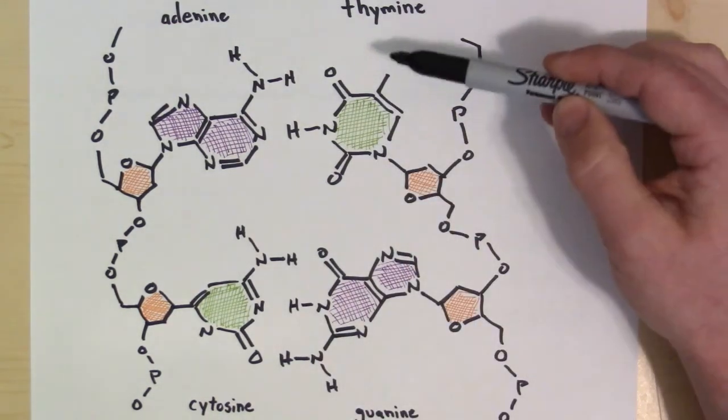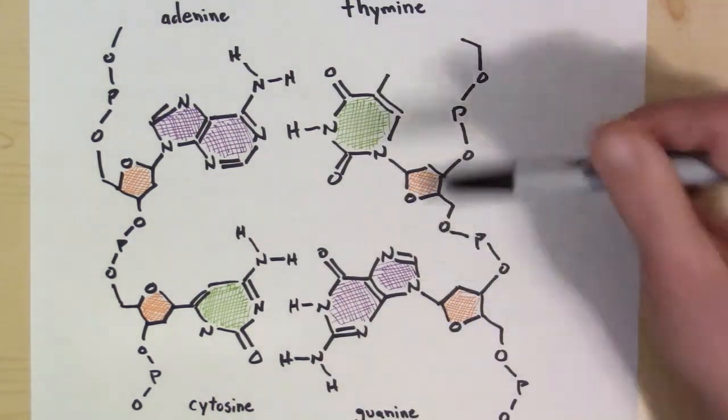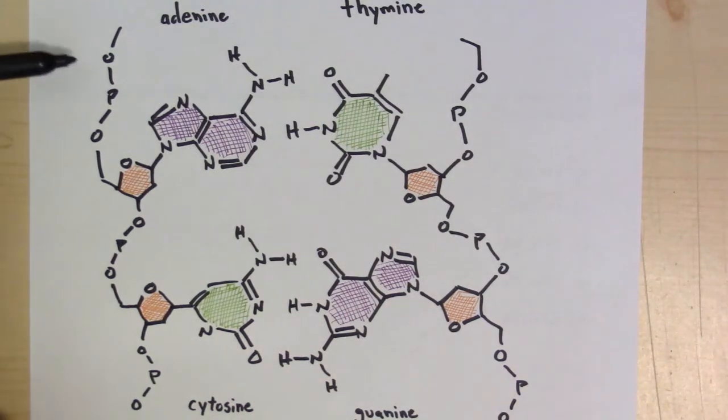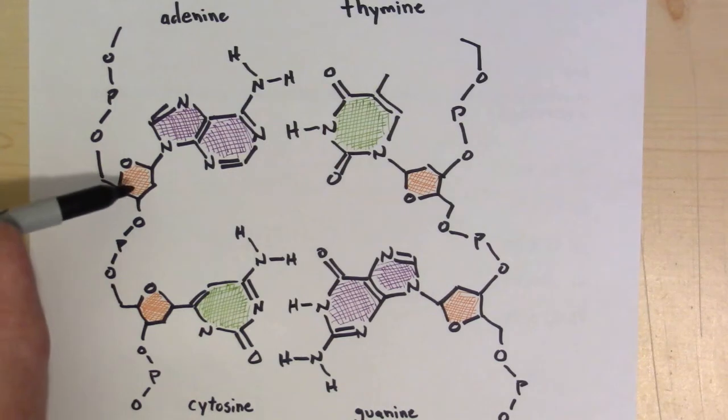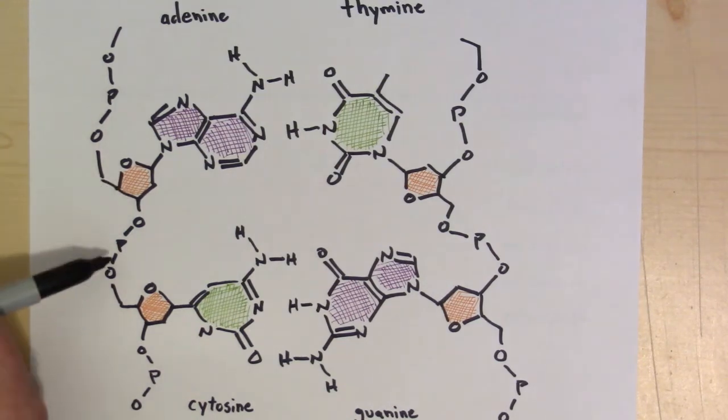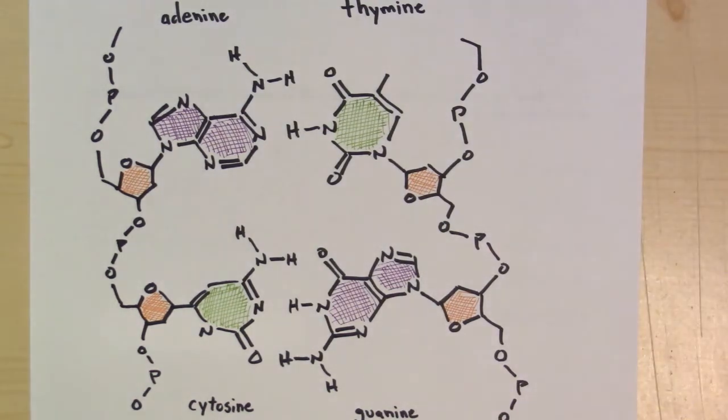So on the right we have the thymine and guanine, and then on the left here we again have the phosphate ribose backbone. So the ribose sugars are shown here in orange and the phosphates are shown here. I've left some of the atoms out just to make it a little bit cleaner. But then we see adenine and cytosine on this side. So right now these two strands are currently unconnected.